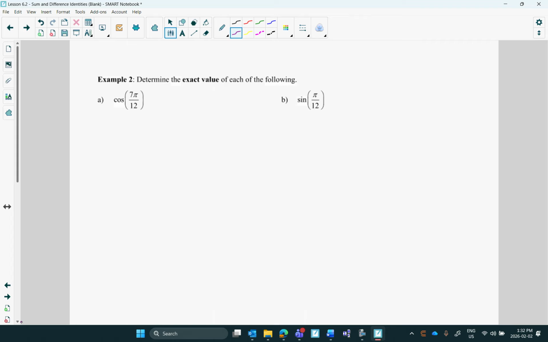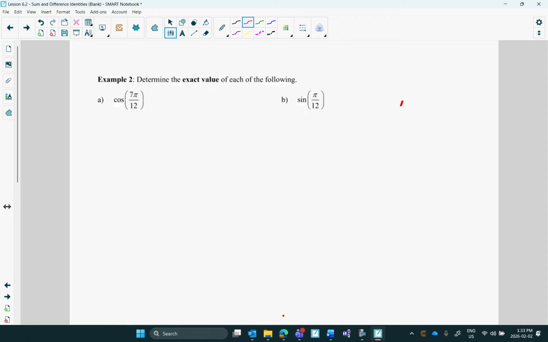Okay? I need to think of two angles on the unit circle that add together to make 7 pi over 12. Think of all the angles we've got. What are the angles on the unit circle that we're familiar with working with? Let's start in quadrant 1.